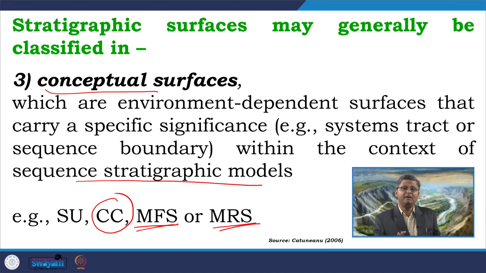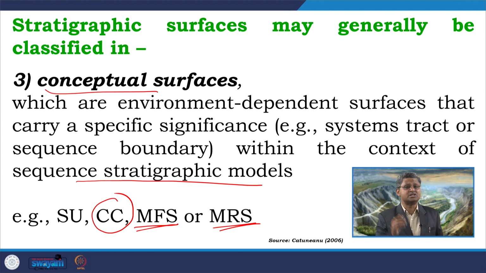In sequence stratigraphy, we apply all these three types of surfaces together. We try to identify the surfaces in terms of their geometry, we try to identify the surfaces in terms of their occurrences in particular depositional environments, and then we apply our understanding about the depositional environments, about the overall distribution of different depositional environments with respect to shoreline trajectories, and then we identify the surfaces which are conceptual surfaces.